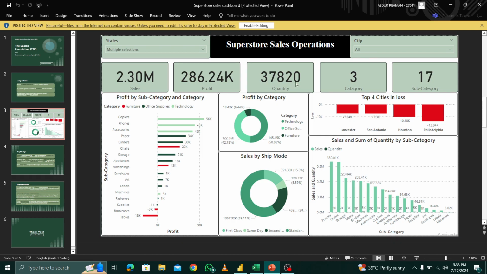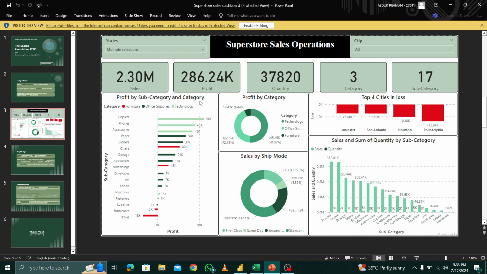The quantity of the products that were sold is 37,820. The revenue generated by all the products was 2.3 million, and the profit generated by those products was 286,000 and 2400.